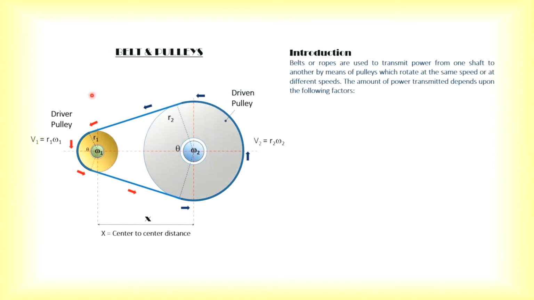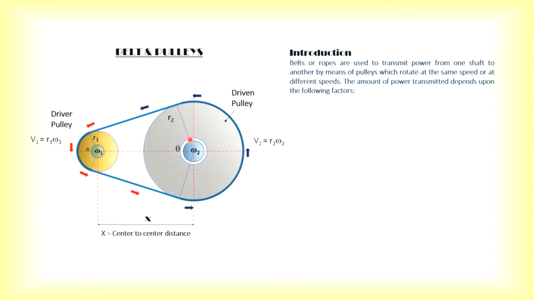You can change or alter this. You can have the larger pulley as driver and the smaller pulley as driven. It is not necessary that the smaller pulley is always the driver. It depends on whether you want to increase the speed of transmission or reduce it.